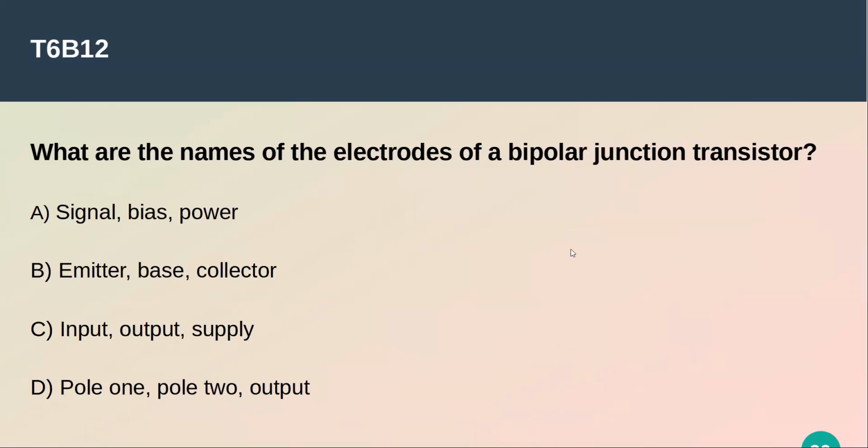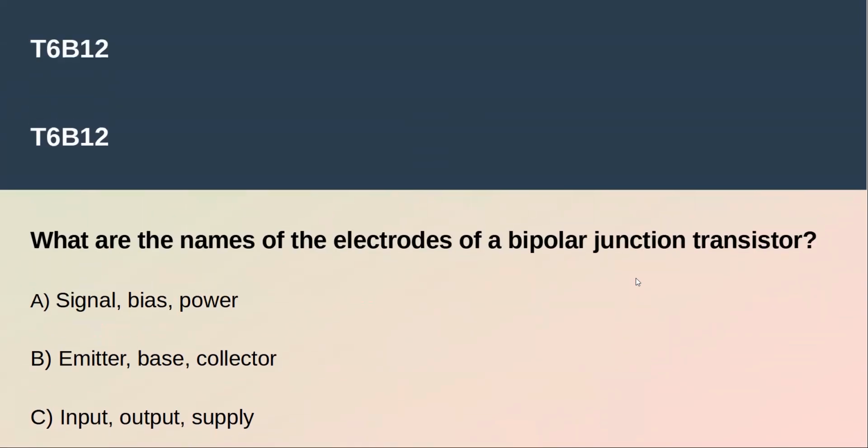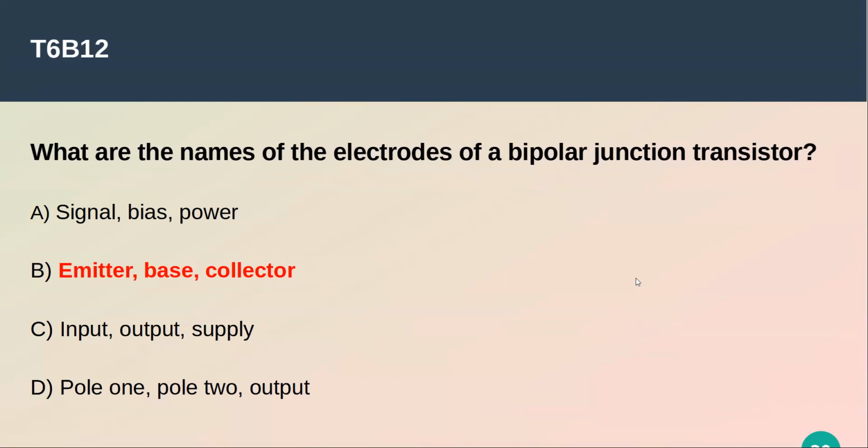What are the names of the electrodes of a bipolar junction transistor? B, Bravo. No, I didn't put any. Some of those other ones are just not even close.